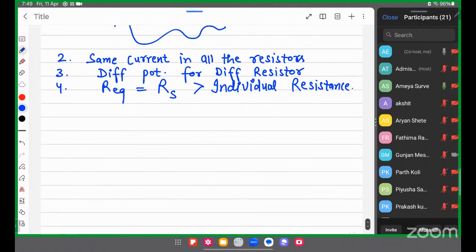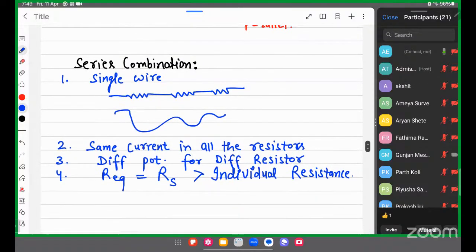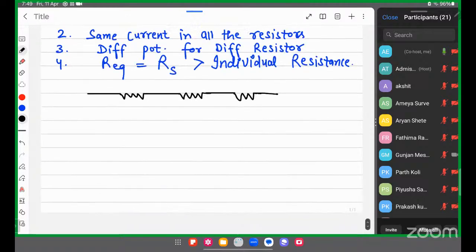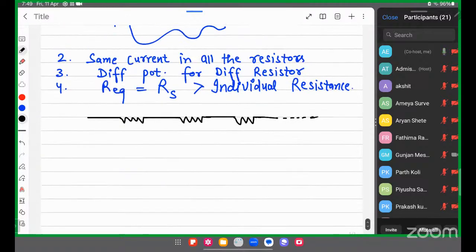No, sir. This is the series combination, and in series combination, if we have, let's say, n resistors with different values of resistance, and they all are connected in a single wire, let's say this is R1, this is R2, this is R3, and this is Rn, and this terminal is positive, this terminal is negative.